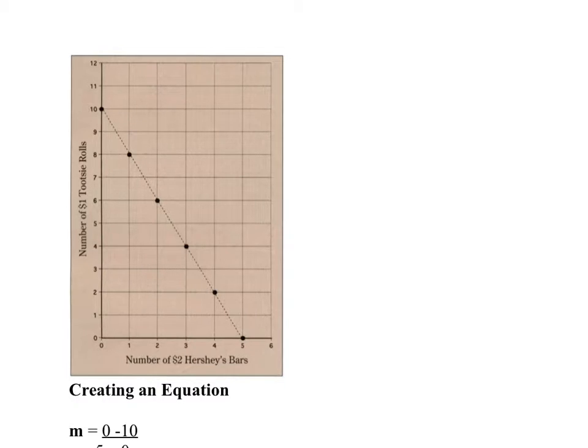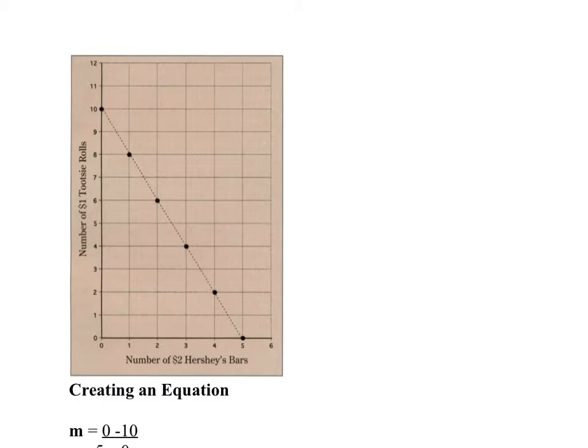So as we're looking at this particular graph, we're just going to look at, realistically, the number of Tootsie Rolls compared to the number of Hershey bars. So again, if we look at our graph, our increments for Hershey bars are 1, 2, 3, 4, 5, and then 6. And then here, our Tootsie Rolls are 1, 2, 3, 4, 5, 6, 7, 8, 9, and 10.